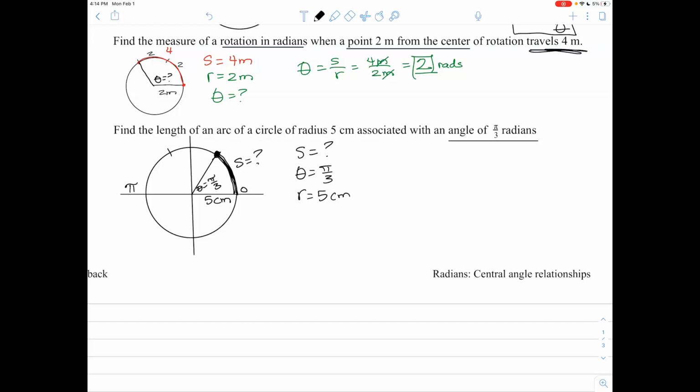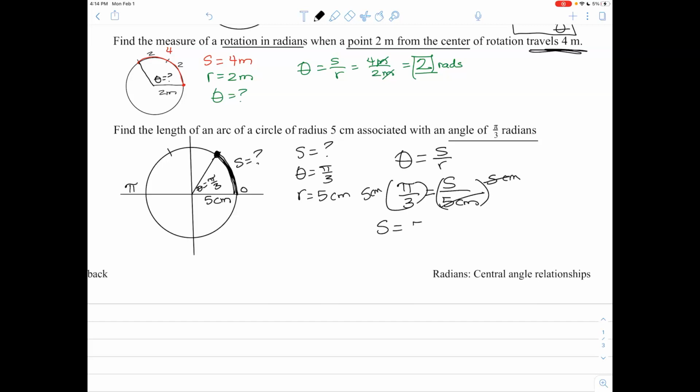So this time we're looking for S. So we could take theta equals S over R, right, and just insert the information, use some substitution. So pi over 3 equals S over 5 centimeters. Right, and then you could just multiply times 5 centimeters on both sides, and that would give you S.